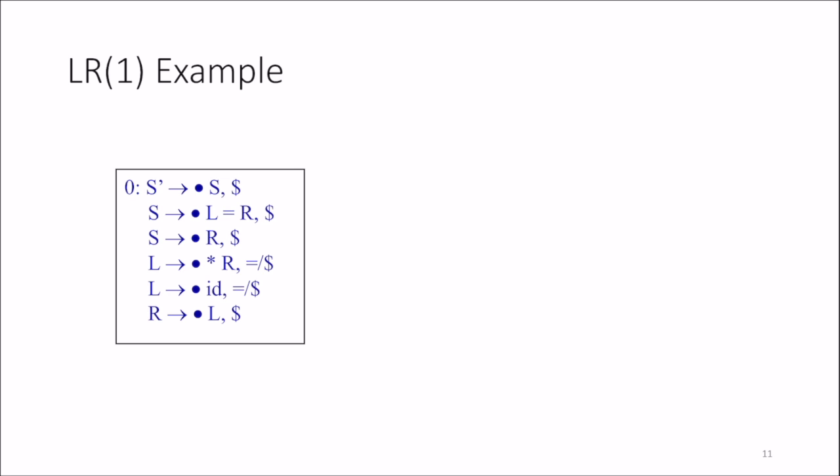So let's look at this example. We started off by taking the closure of S prime goes to dot S, and this is exactly the closure that we computed before. Now we take a transition on an ID. I look for the dot in front of an ID, and I can see that there is one over here. I move the dot across.